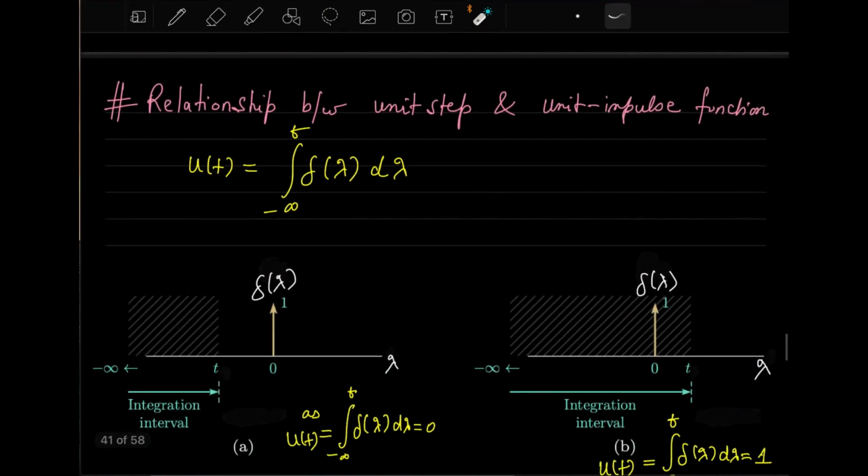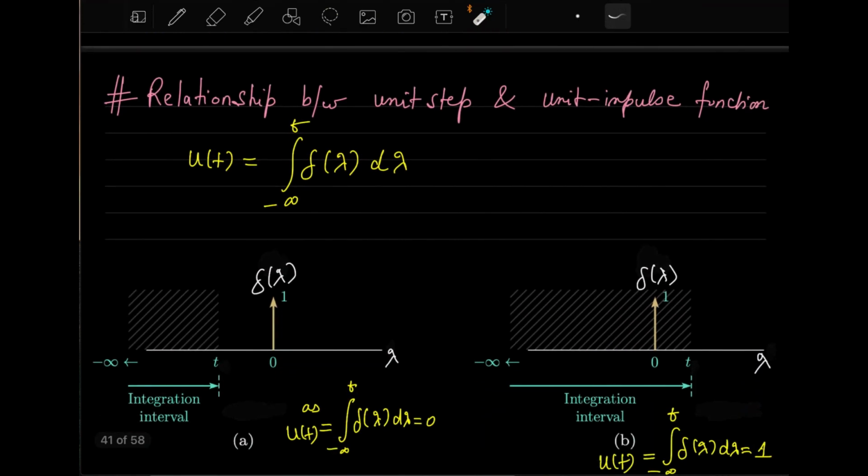There is nothing fancy about it. If the limits of the integration are from minus infinity to t, and the value of t is less than 0, then the impulse is not lying in this area, so the value returned will be 0.